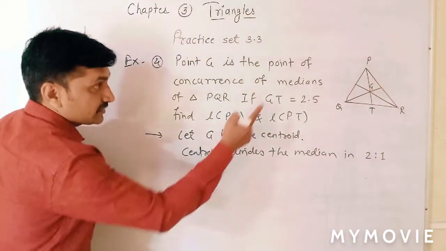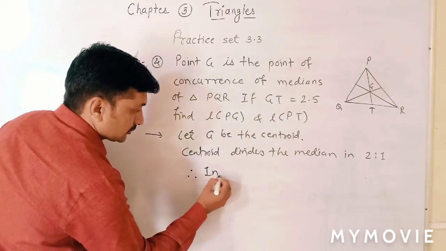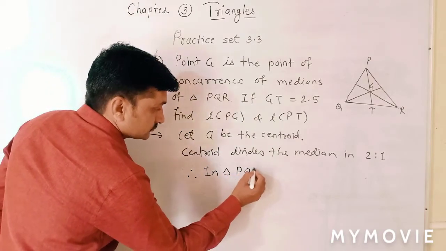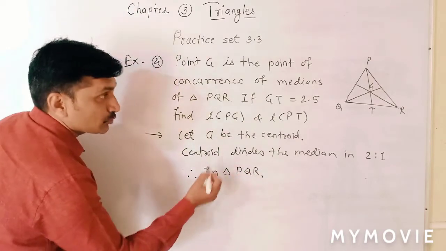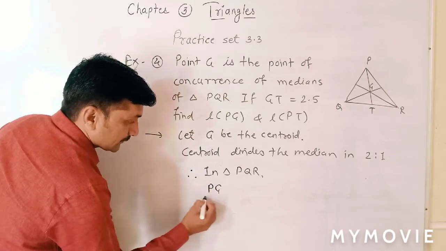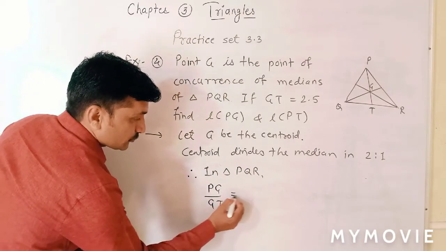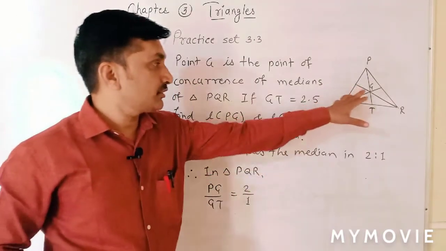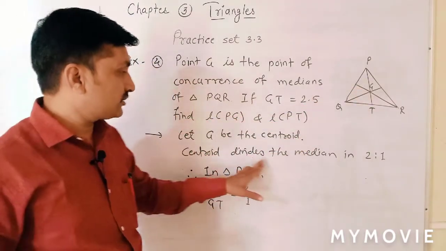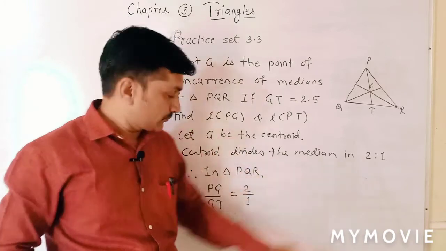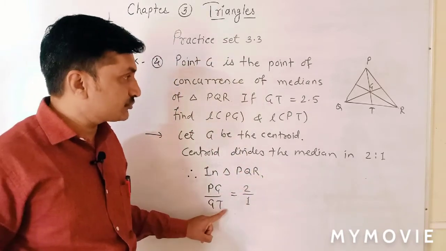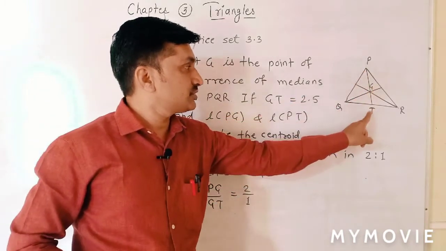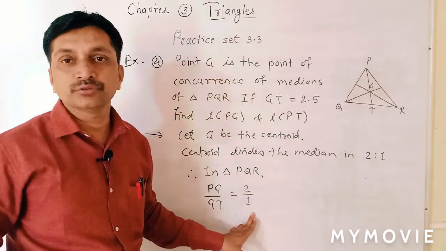Therefore, we can write here now in triangle PQR, by this property, PG upon GT is equal to 2/1. Here again G is the centroid. The property of the centroid is that the centroid divides the median in 2:1 part. Therefore we wrote PG upon GT is equal to 2/1.